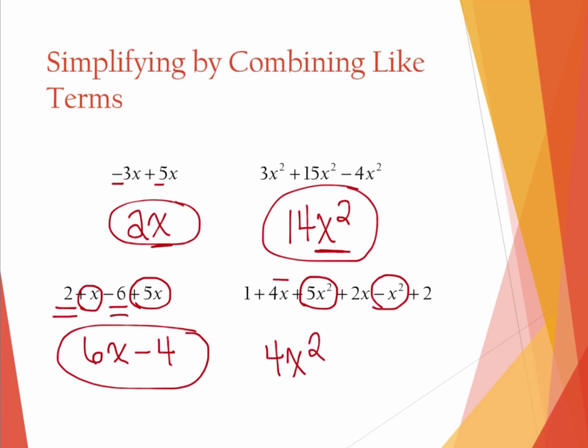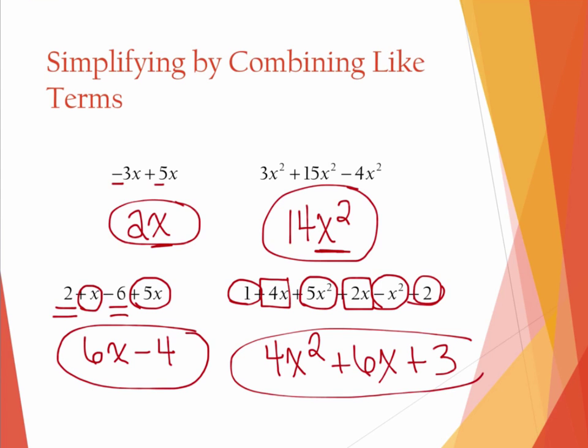Next, we have x terms. 4x plus 2x is a 6x. Lastly, we have our constant terms. 1 plus 2 is 3. And all of those expressions are as simplified as they can be.